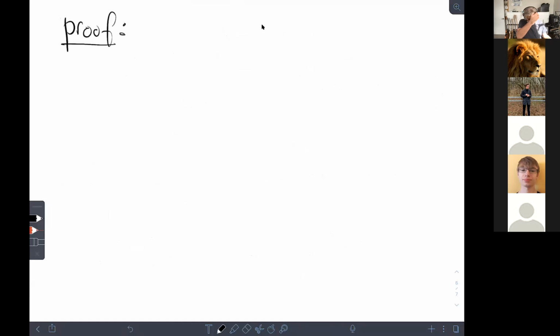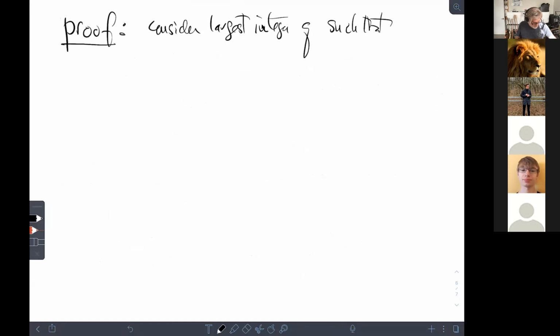Consider the largest integer Q such that Q times D is less or equal to A, which is exactly what I've been saying, right? So you count how many D's you can put into A. You try to put as many as you can, so that you can maybe put Q of them in there, okay?